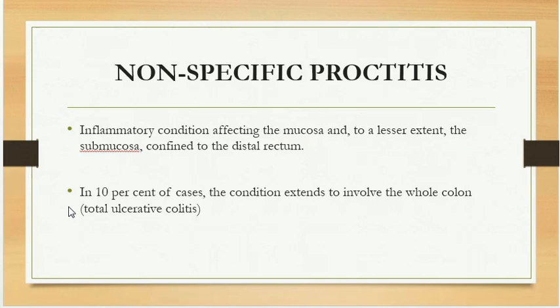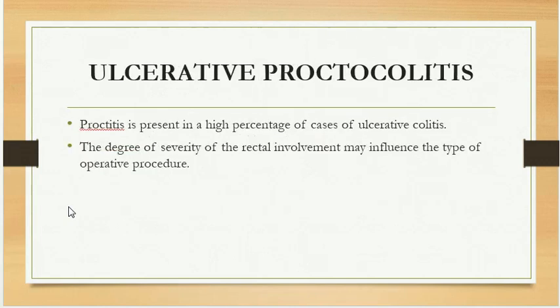Now, if we talk about the specific types of proctitis, as we know, it can be a part of ulcerative colitis. Proctitis is present in most cases of ulcerative colitis, and the degree of rectal involvement may influence the type of operative procedure.